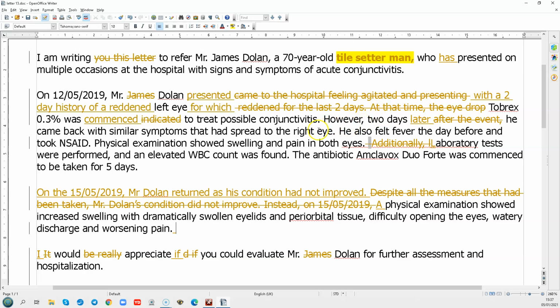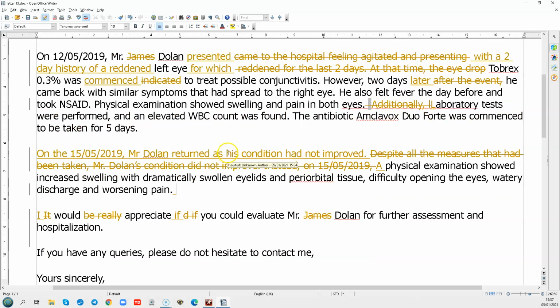Now, usually for a visit, it's what the patient came with and said, what you found, what you did. So the patient came, that's what you found, but you haven't said what you did. Again, I don't have any case notes here, but I would be curious as the reader, what did you do?